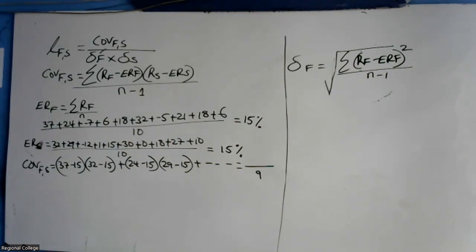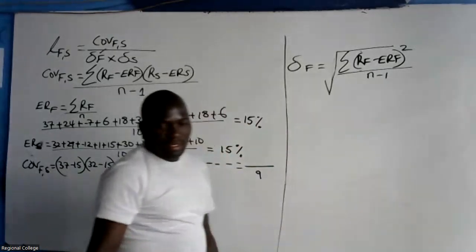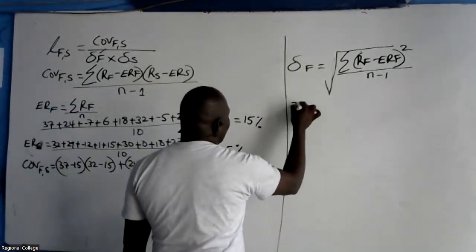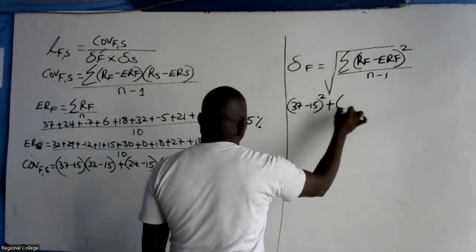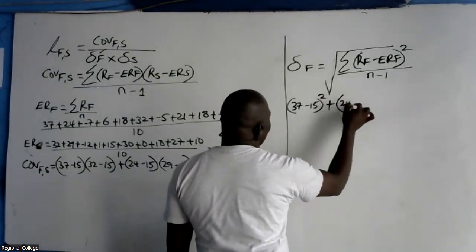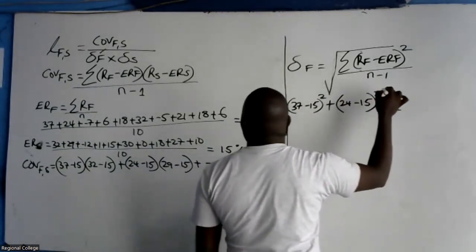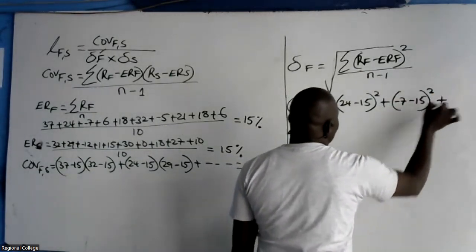So I'll now be taking for F: 37 minus 15 squared, plus 24 minus 15 squared, plus negative 7 minus 15 squared, and so on.